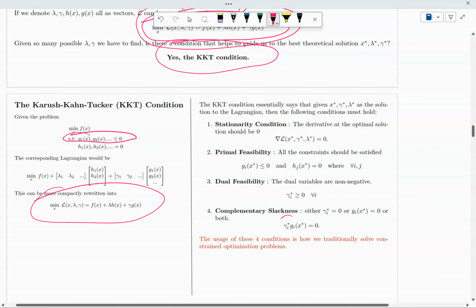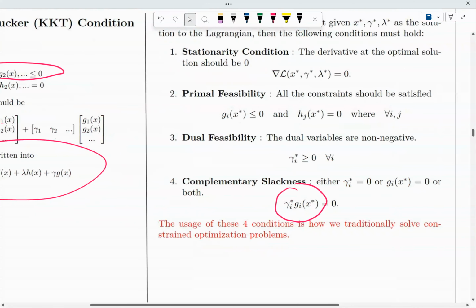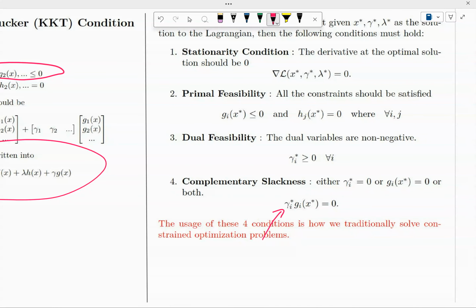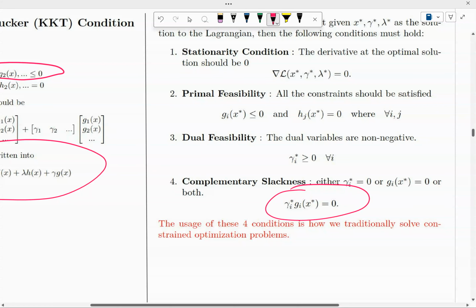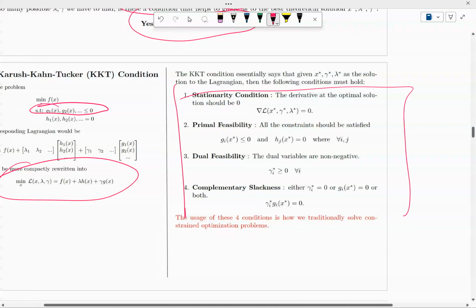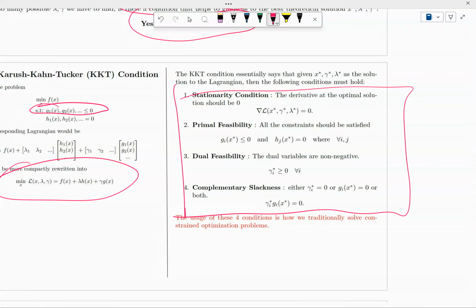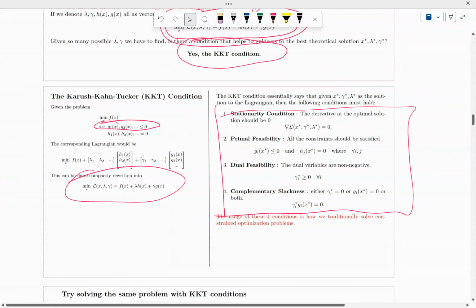No matter what, when you have an inequality constraint, either the inequality constraint has to equal zero or lambda has to equal zero. When they multiply with each other, the final result is equal to zero. These four conditions, the KKT conditions, guide us in finding optimization problem solutions. I'll show you a couple of examples of what I mean by that.